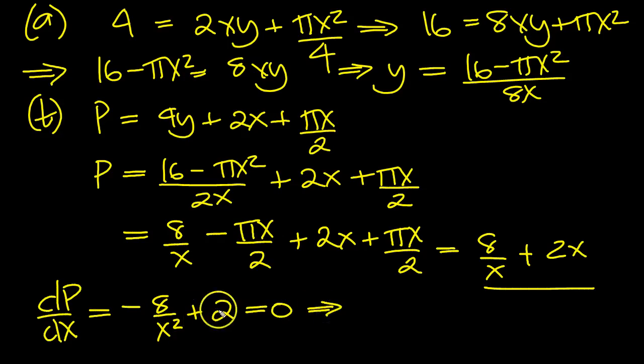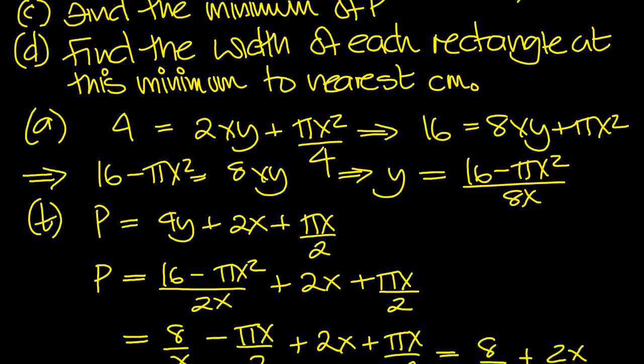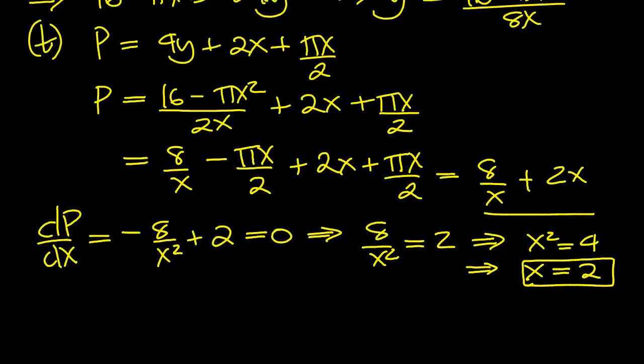Moving this over, 8 over x squared is equal to 2. Move the x squared up and the 2 down: 8 over 2 is 4. So x, because it's greater than 0, the square root must be 2. X is 2.